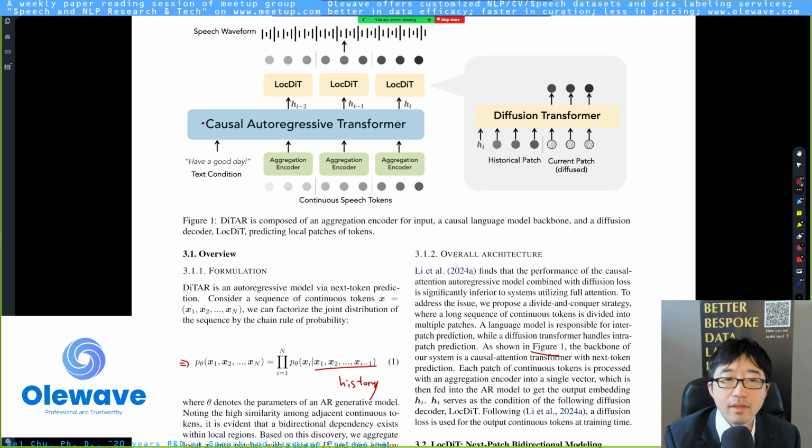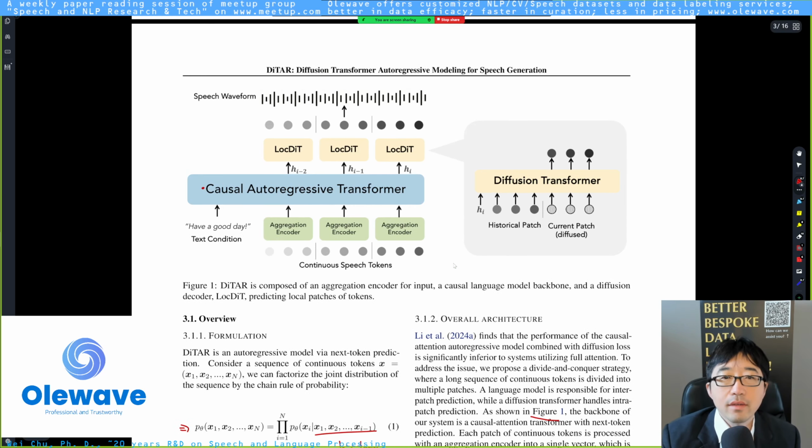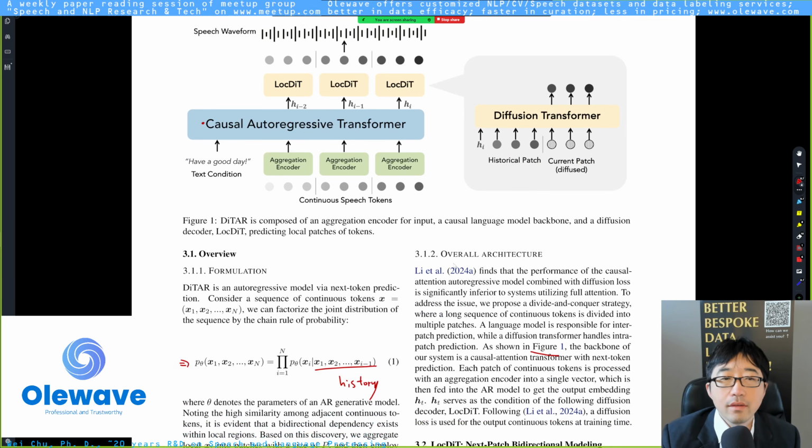Okay, they use text as a condition. Very interesting, right? And then they take the initial speech input. I would assume that they are using the registered voice of a person.